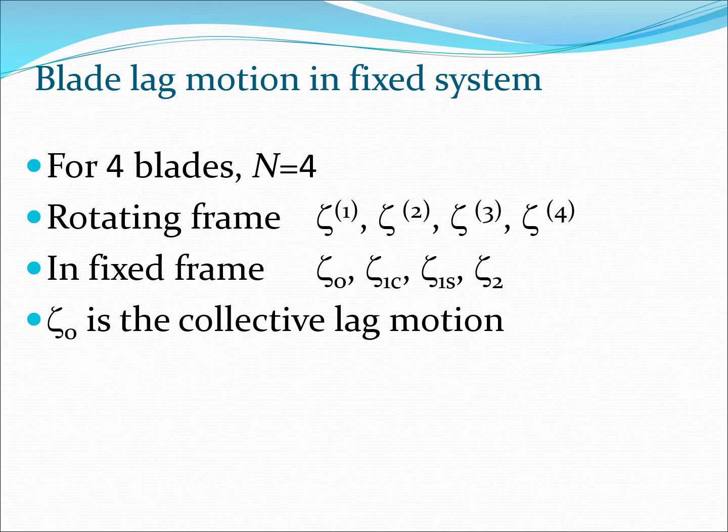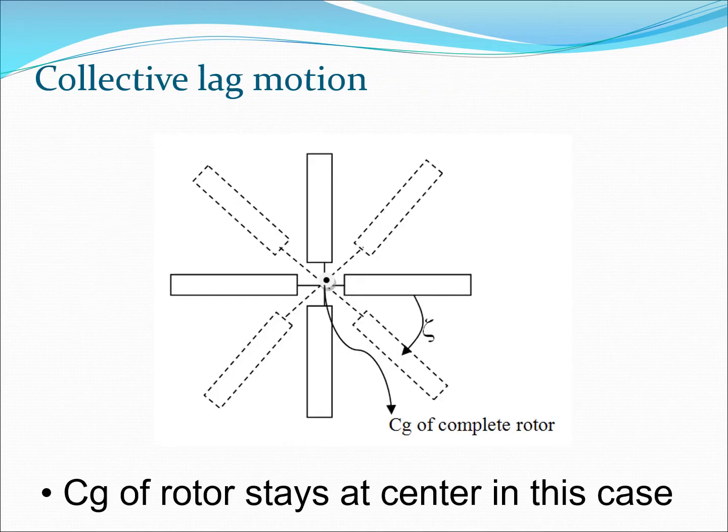Let us look at each of these motions physically. So take a look at this rotor here. Now in a normal situation, the rotor is shown by these solid lines, and the collective lag situation is given like this. So each of the 4 blades has gone through a lag given by zeta, and so each of them is displaced by the same quantity zeta.